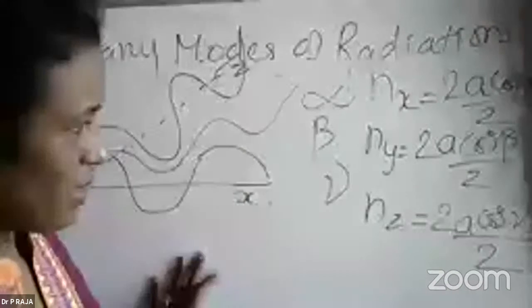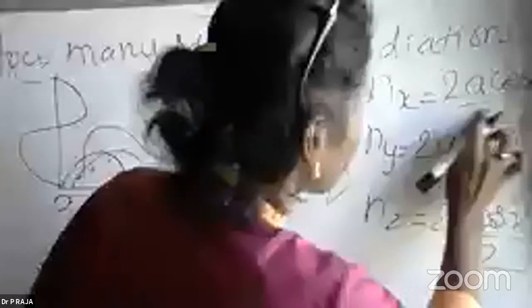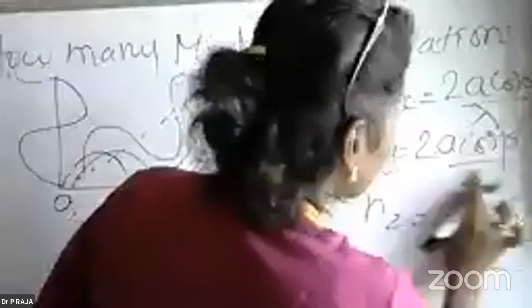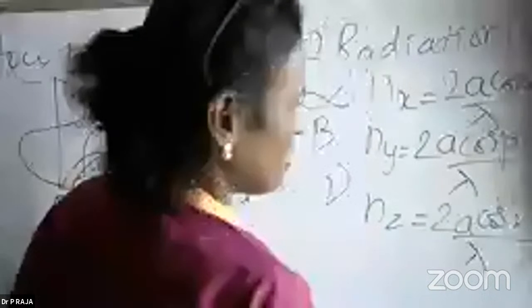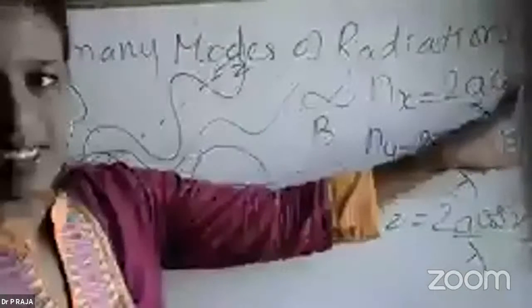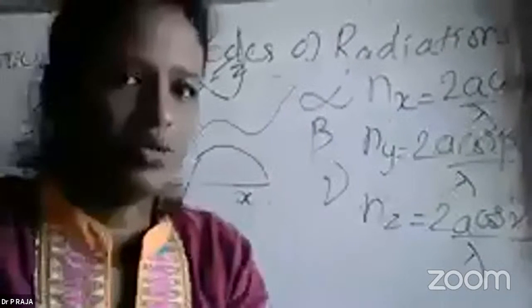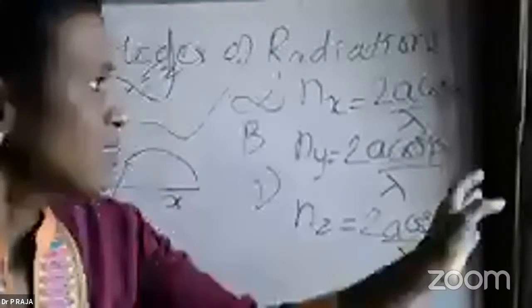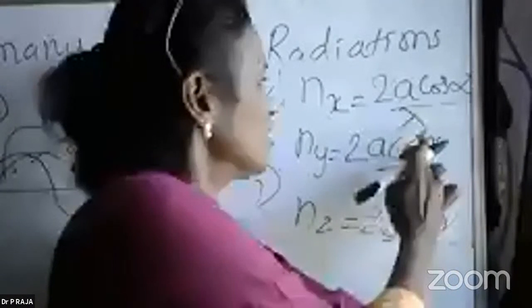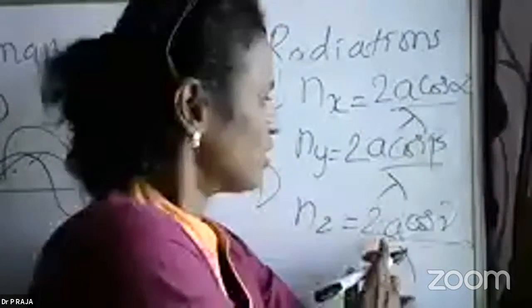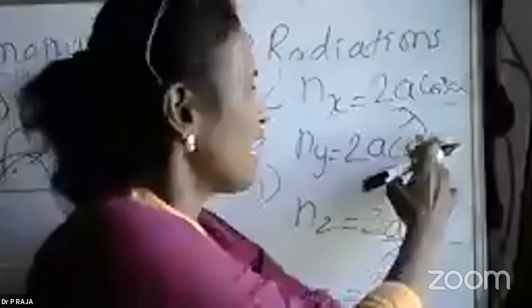Sorry, these are all lambda: 2a by lambda, 2a by lambda, 2a by lambda. I'm including these cos angles. I hope you are able to see this. This is 2a cos alpha, 2a cos beta, 2a cos gamma by lambda, including all the angles.